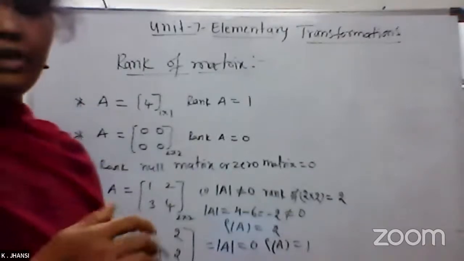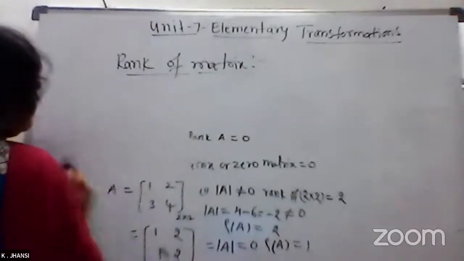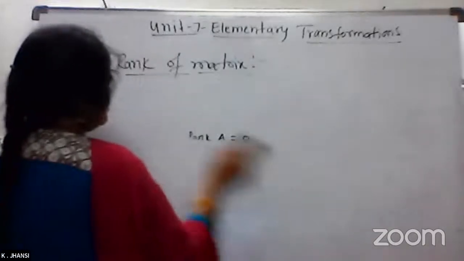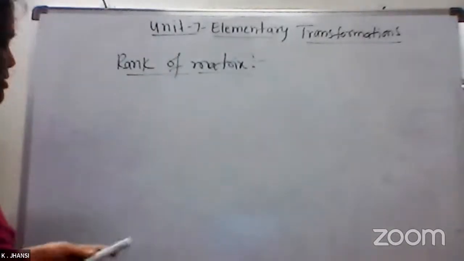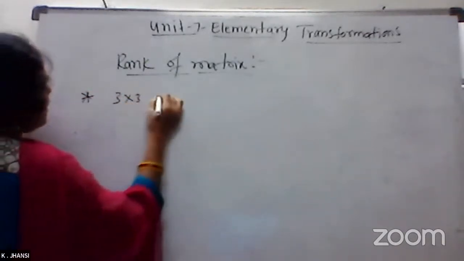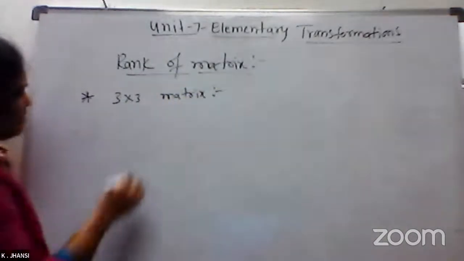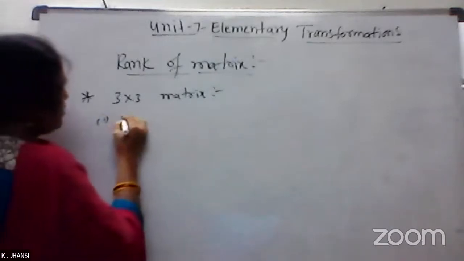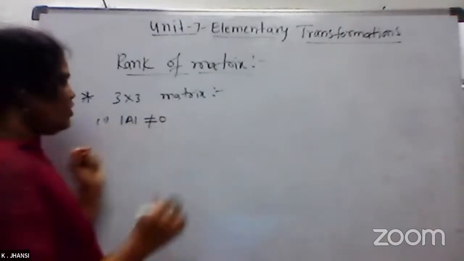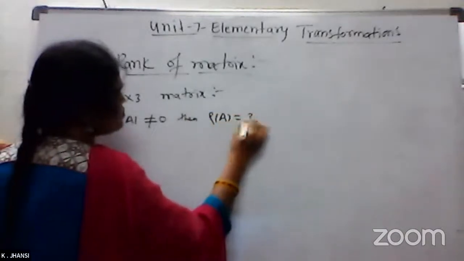Now if you go for 3 by 3 matrices, the first condition is that if the determinant of A is not equal to 0, then the rank of A is equal to 3.